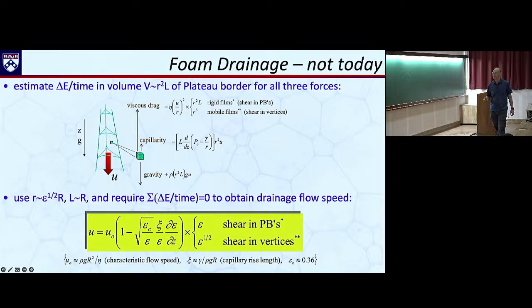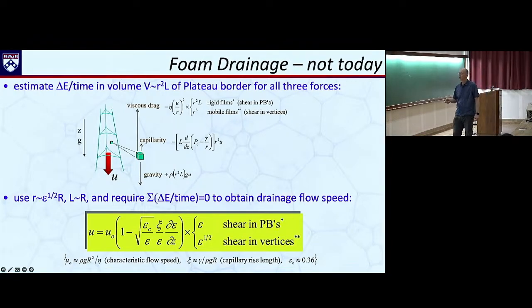And what goes into it then is a length scale. It's a capillary length, gravitational capillary length. It's a capillary rise length, in fact, it's set by the bubble size and the critical volume fraction. And it depends on where the flow is.